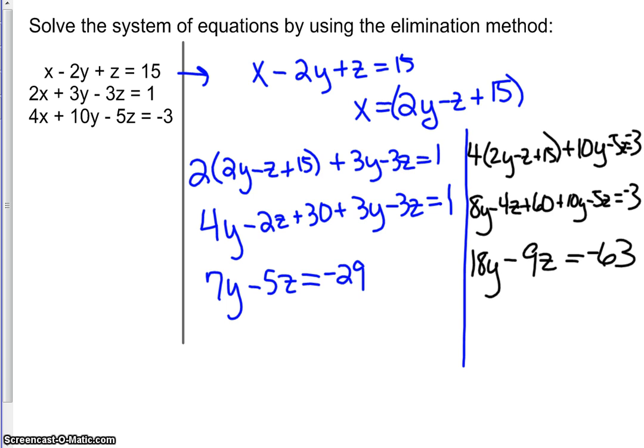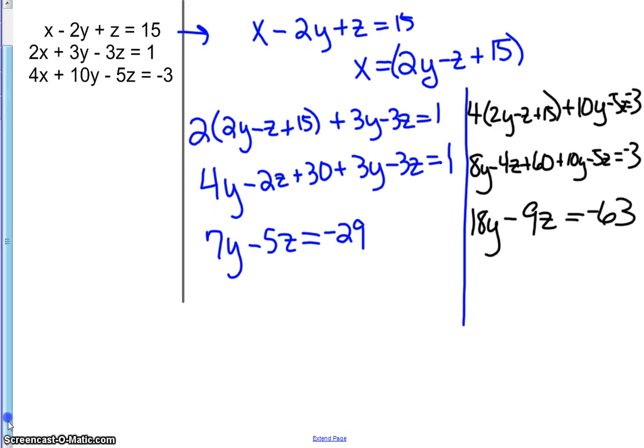I have a 5 and a 9. I'm going to multiply my first equation by a 9, and then I'm going to multiply the other equation by a negative 5.